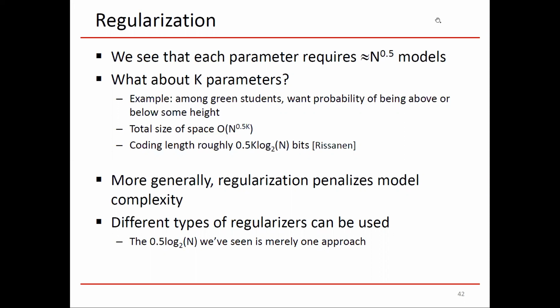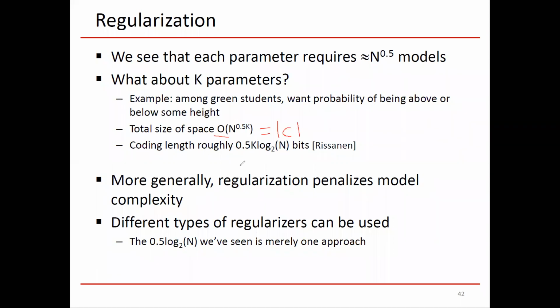Now, again, note there are going to be constants, and we're proportional to n to the power of half k. Now, if that's the total size of the space, so that's the cardinality of C, then what about the coding length? The coding length is the log base 2 of the cardinality, which is half k log n.